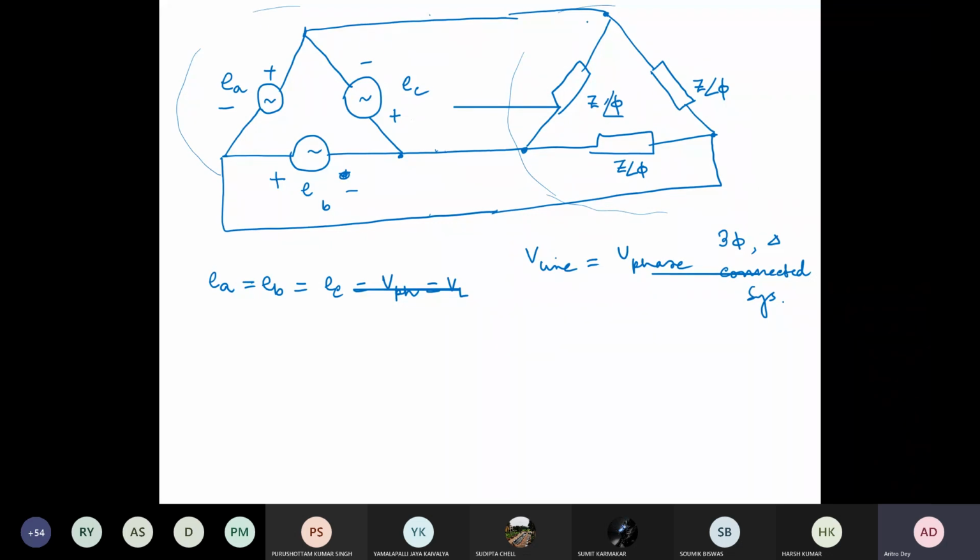Then we have a delta connected supply and a delta connected balanced load. For that, we are writing down the different parameters. What is the relation between line voltage and phase voltage? Here also you see the phase voltage is equal to the line voltage from the load point of view, isn't it, whenever we are taking the balanced load.